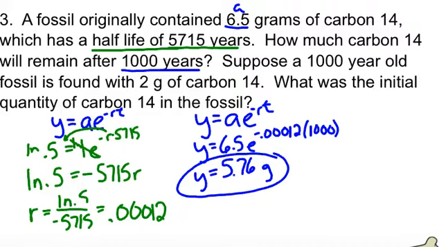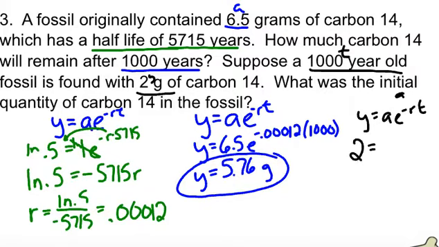Now, suppose we have a 1,000-year-old fossil and there's 2 grams of carbon-14. We want to know what's the initial quantity. So now we have time and we know what y is. We are looking for the initial, so we're looking for a this time. If we go back to this equation, the fossil we found has 2 grams of carbon. We don't know what it started out with. Our rate's still the same, that doesn't change, 0.00012, and we're multiplying that times 1,000.